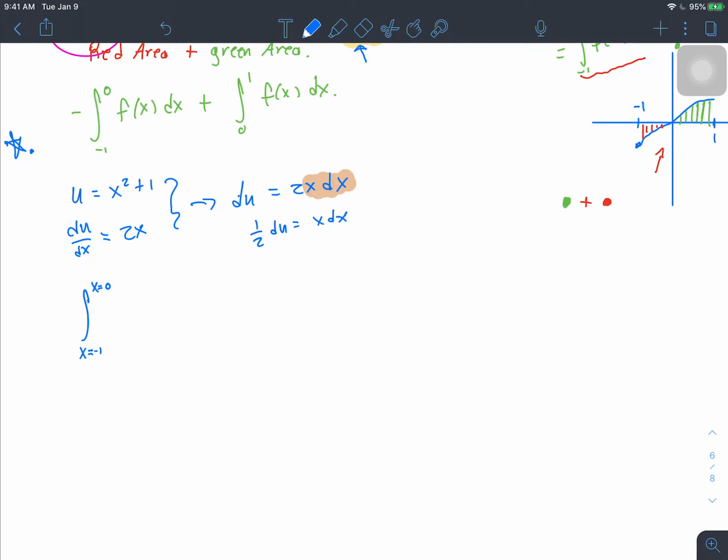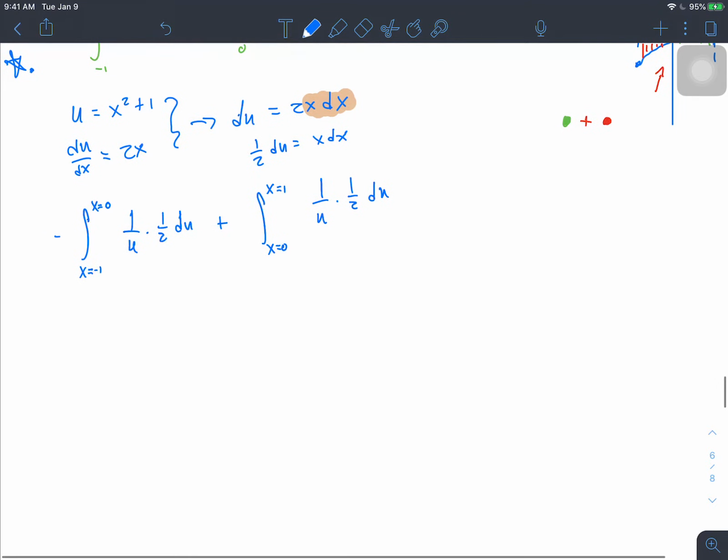And this is going to become 1 over u times 1/2 du. That's negative, and then I'll add to that the integral from x equals 0 to x equals 1 of 1 over u times 1/2 du. Same u substitution being used for both integrals. I'm going to pull the 1/2 all the way out front.